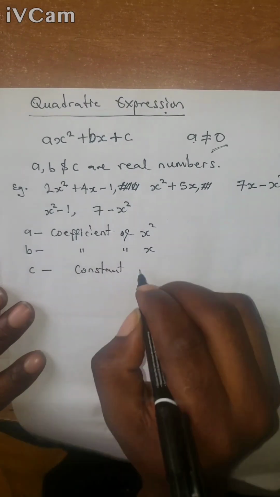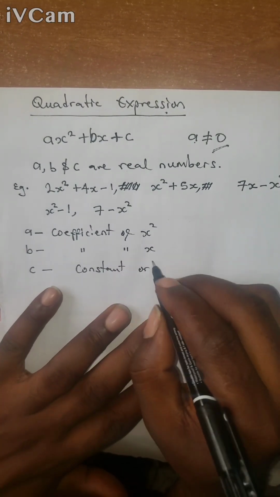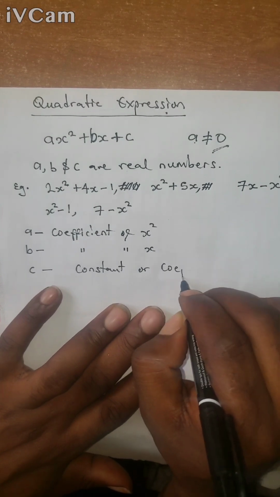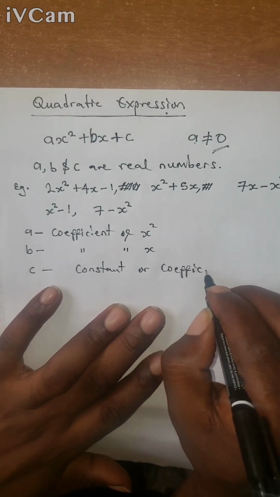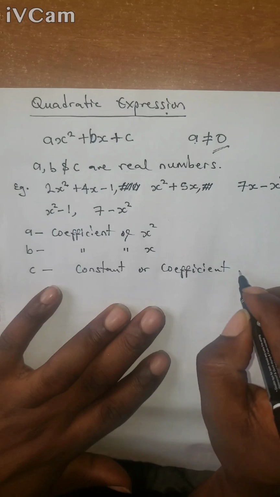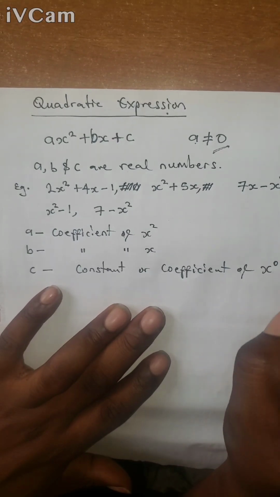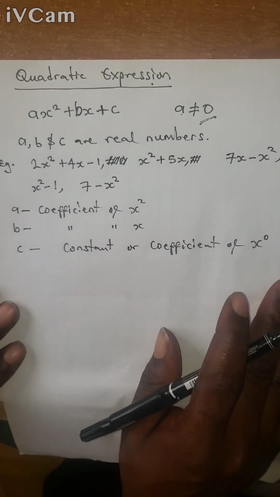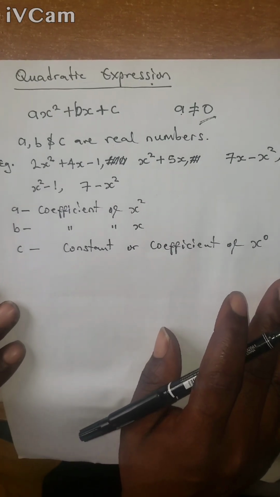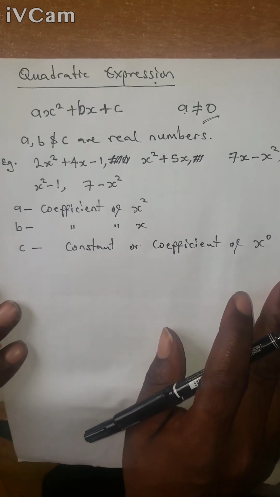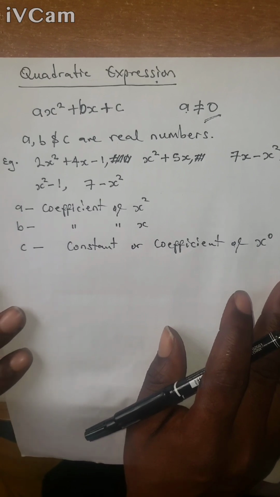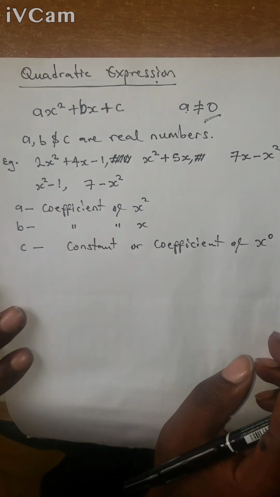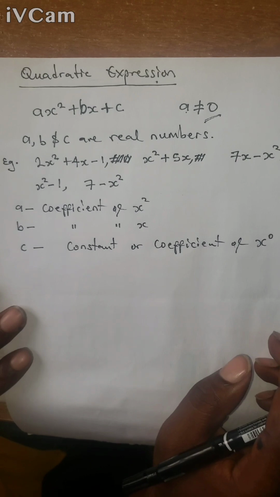Or we can also write it in terms of coefficient: c is the coefficient of x to the power 0. With this, we are now able to know how our quadratic expression looks.